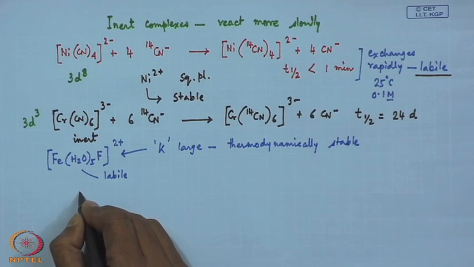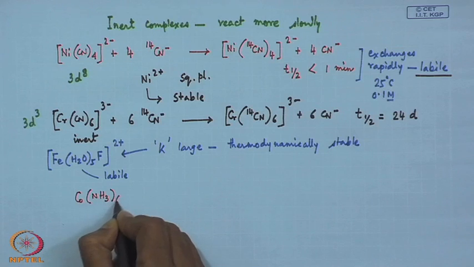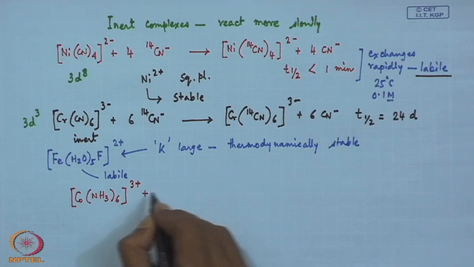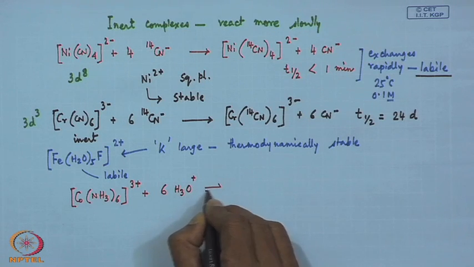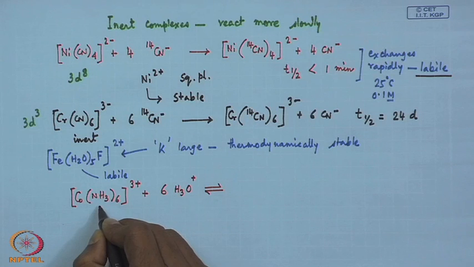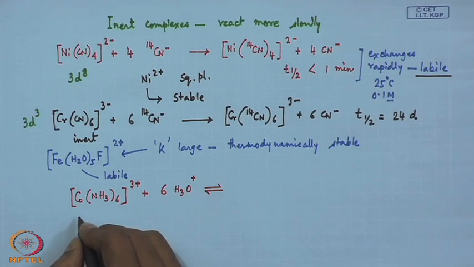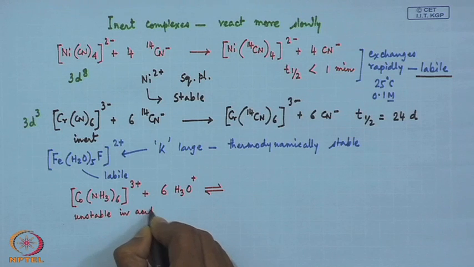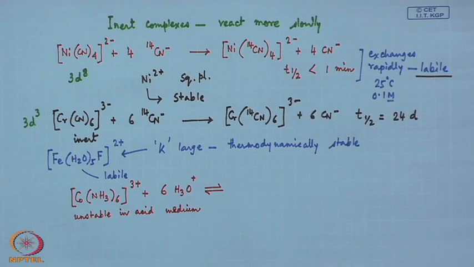So, what we just told you also, when we have the species hexaamine cobalt 3 plus, which reacts with acid, which is protonated, H3O plus, this proton will go and bind with these ammonia molecules, so it is unstable in acid medium.